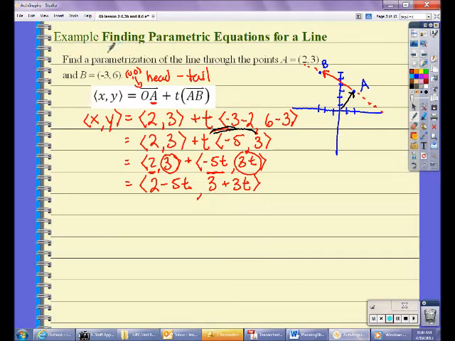Now, they didn't ask for the vectors, they asked for the parameter equation, so we need to separate those components as x and y components into x and y equations. 2 minus 5t for x, 3 plus 3t for y. And that's the parameterization. Done! Now can you try the next one?